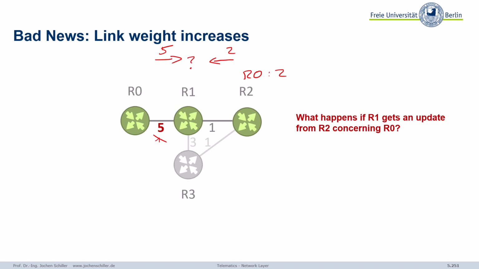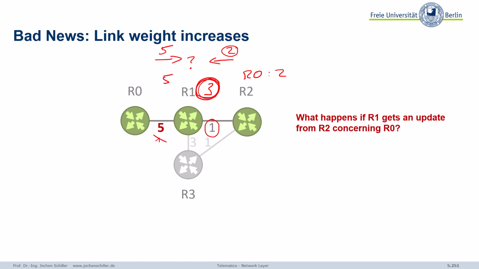Okay, my distance from R1 to R2 is 1. So 1 plus 2, 3. Perfect. From the left, someone tells me 5, but I can compute that if R2 sees R0 via 2 hops, for example, and I need 1 hop to R2, then I see R0 via 3 hops.